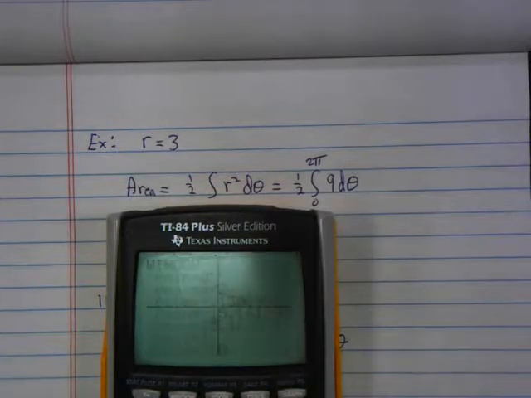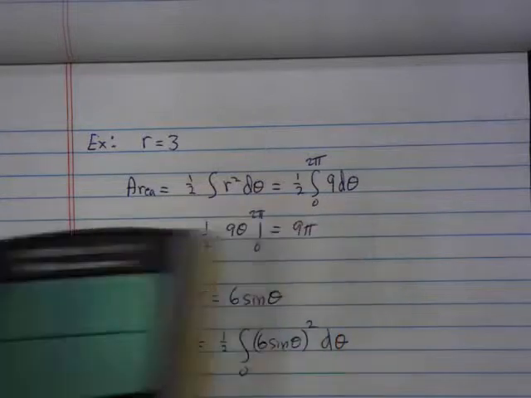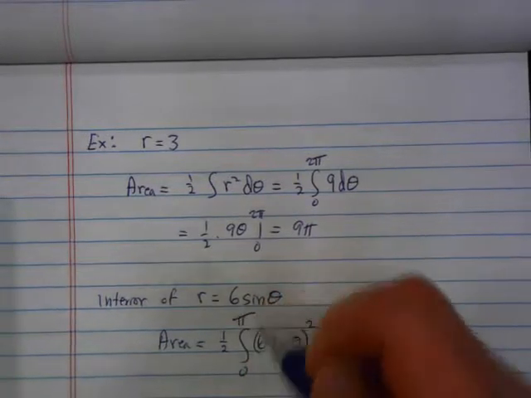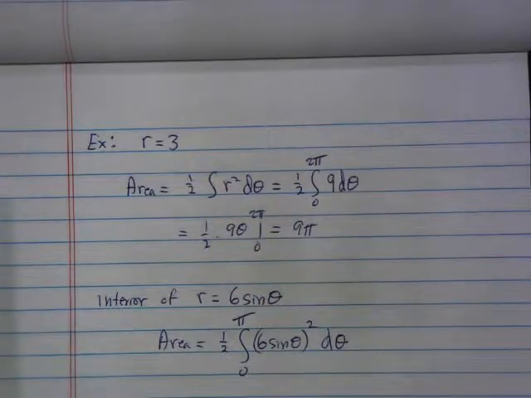Do I still get the whole circle? No, I only get half the circle. So again, I could go 0 to pi. That appears to give me the full circle. Or I could go 0 to pi over 2 and then just double my answer.